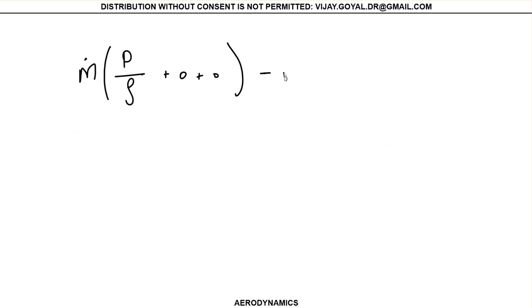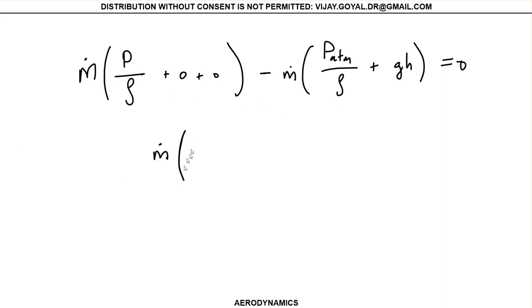So this gives me m dot times P atmosphere divided by rho plus gh, all equal to 0. Okay, so from the problem itself, you can show that these two I can combine them. m dot times P minus P atmosphere over rho is going to equal m dot gh.